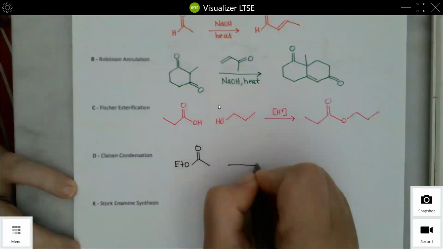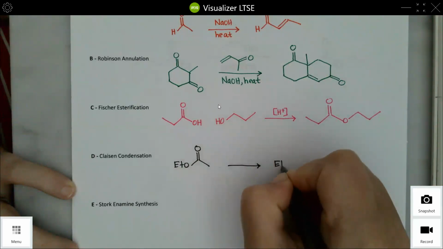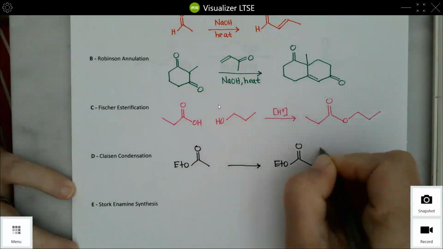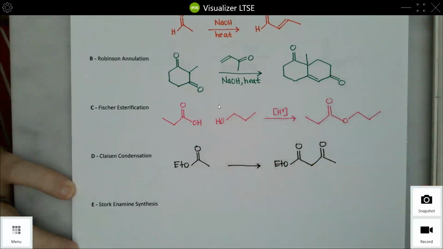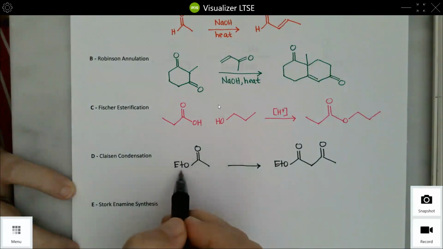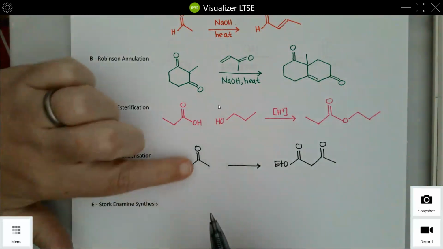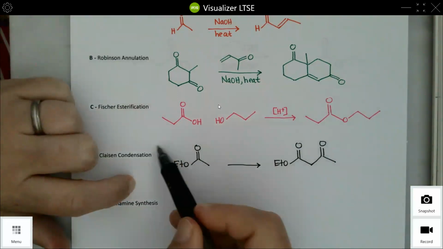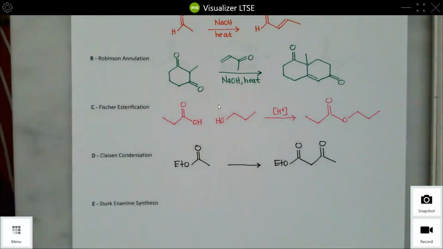And the product will be a beta keto ester. So this ester will be there and we'll add in a ketone. So we're going to be losing one of our esters, right? So then essentially this gets added on to the first, right, to get a beta keto ester.